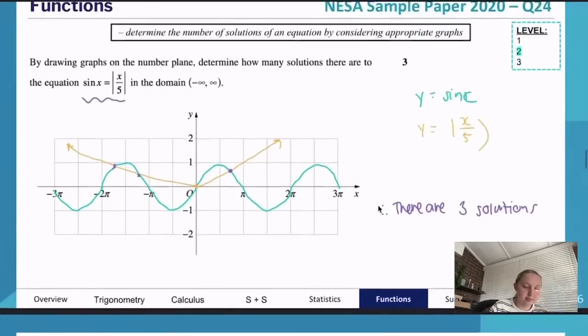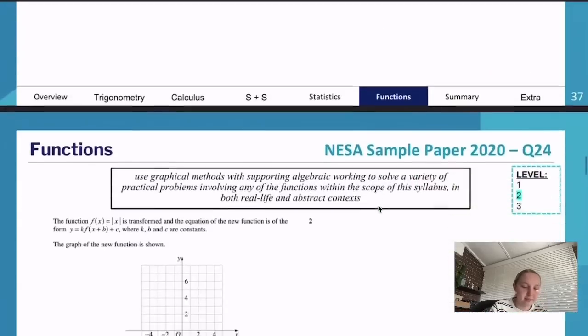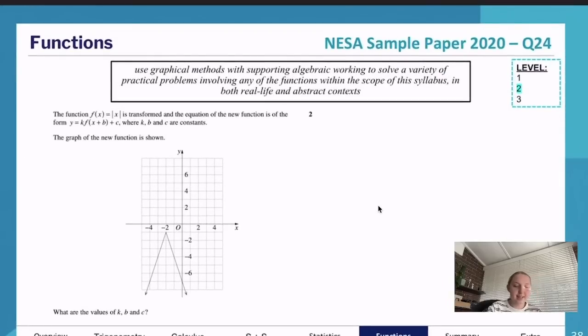This is again from that same paper. So it's looking at the syllabus point, use graphical methods with supporting algebraic working to solve a variety of practical problems involving any of the functions within the scope of this syllabus in both real life and abstract contexts.